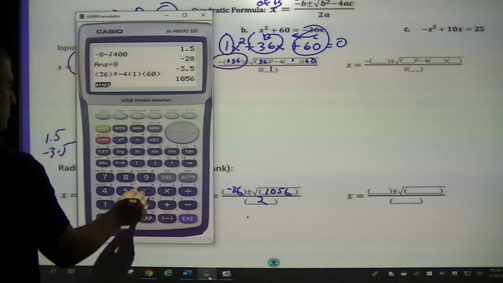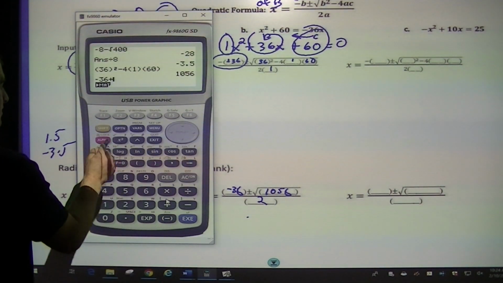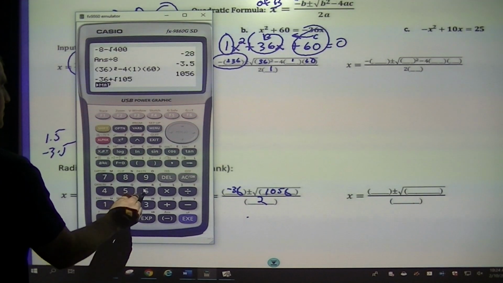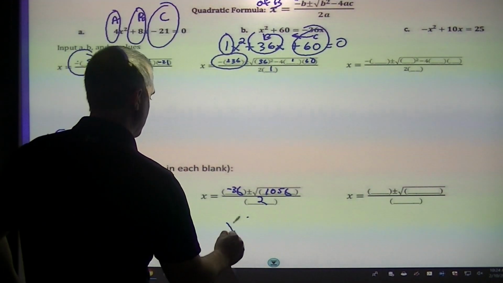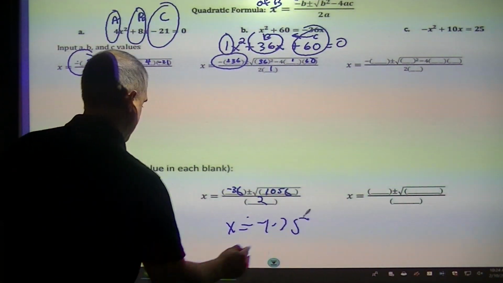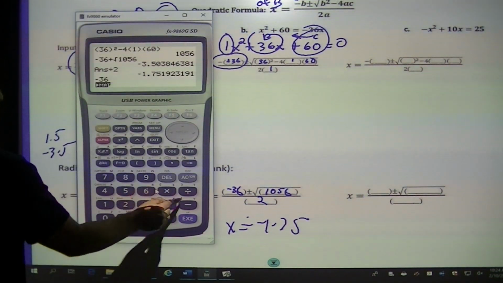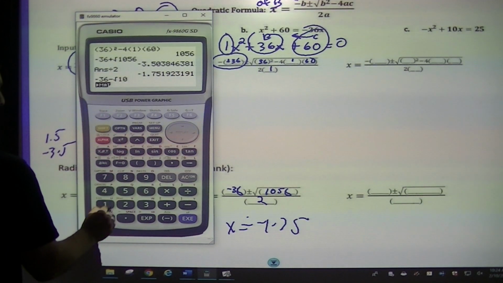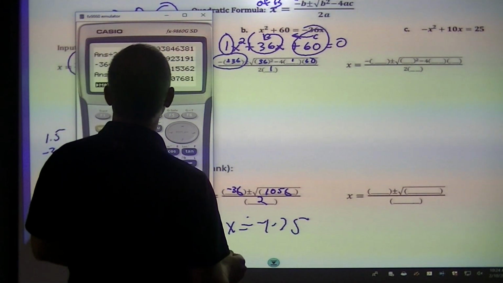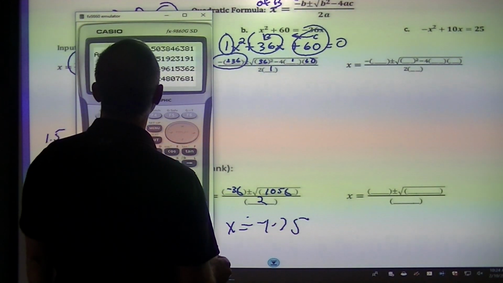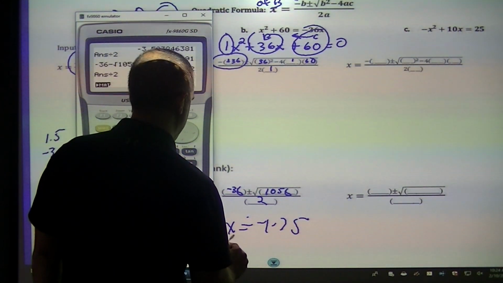Now I'm going to add negative 36 plus square root of 1,056 divided by 2. My first answer is x equals negative 1.75. Then negative 36 minus square root of 1,056 divided by 2 is negative 34.24.